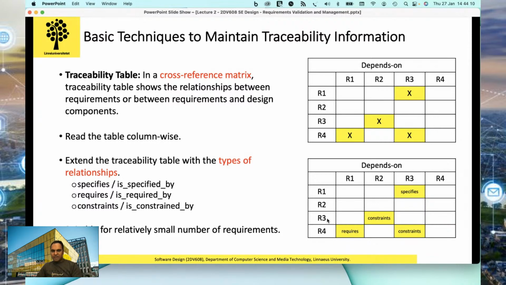But this technique of traceability table is good for a small number of requirements, not for large. Because if you have, let's say, 100 requirements, you will have a 100 by 100 matrix or table. That is not very feasible to manage.